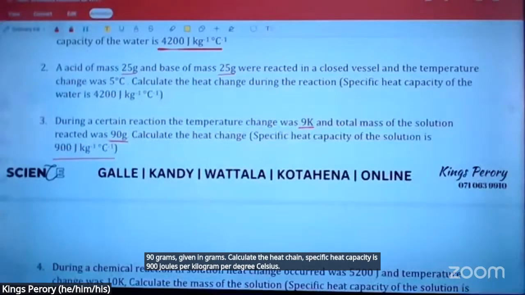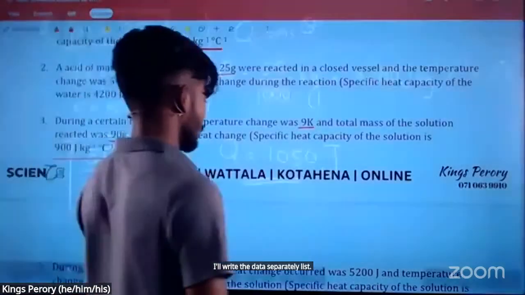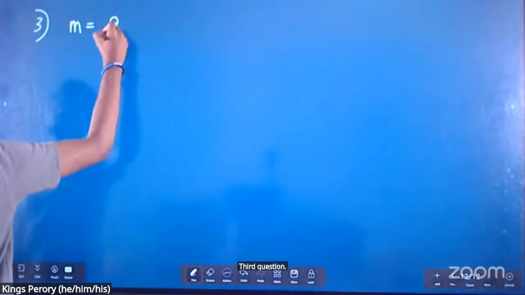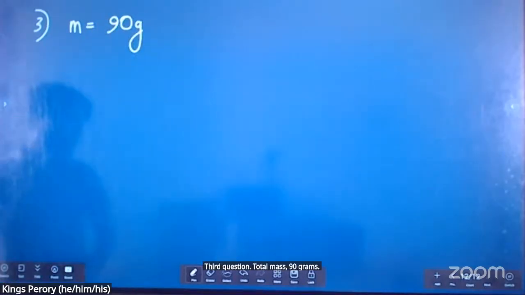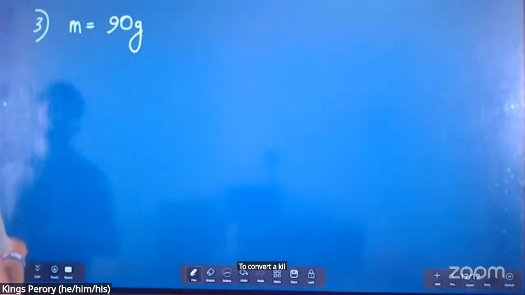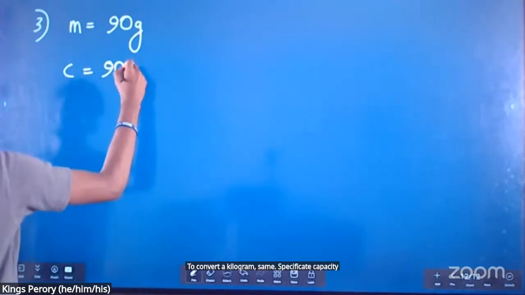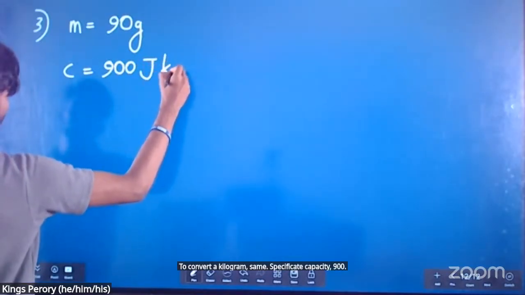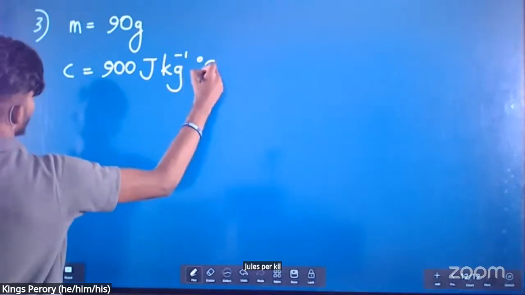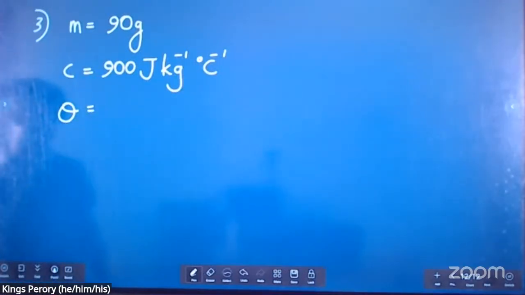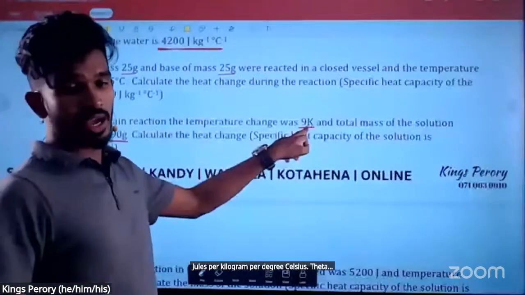I'll write the data separately first. Third question. Total mass 90 grams, to convert to kilograms. Specific heat capacity 900 joules per kilogram per degree Celsius. Theta is 9 Kelvin.